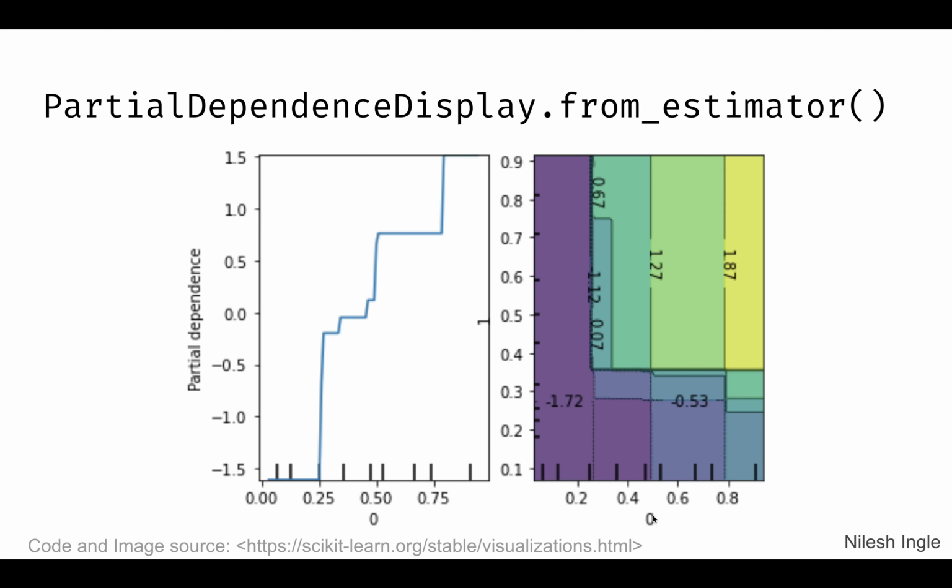And again, on the right hand side, we have another plot which shows the effect of feature 0 and feature 1 together on the target variable. Here we can see this in the contour plots that are shown.